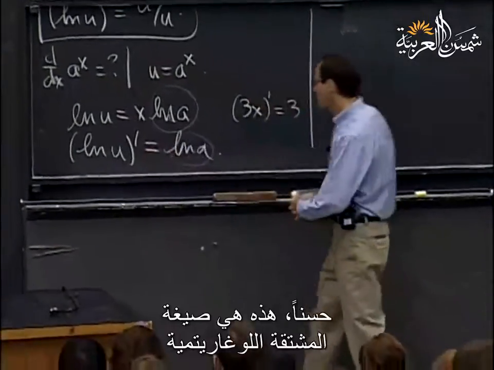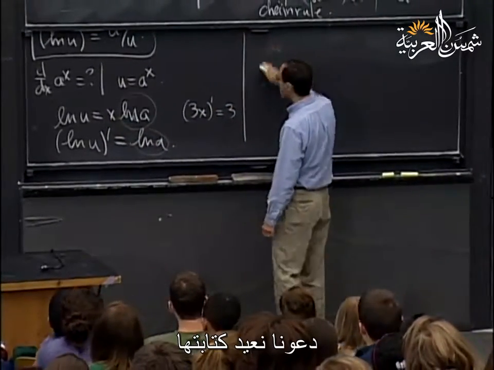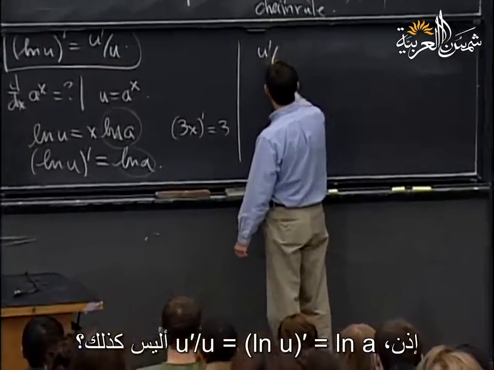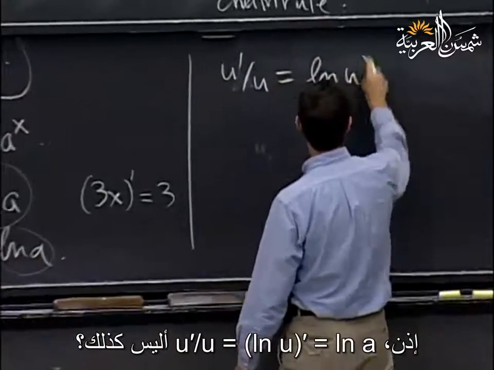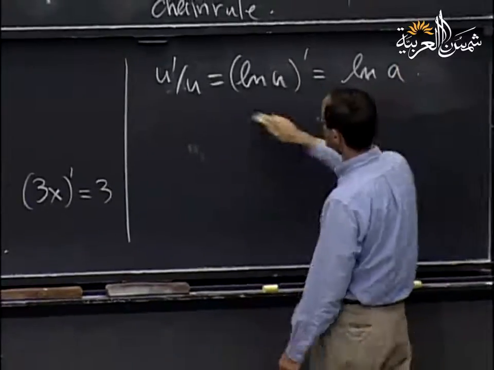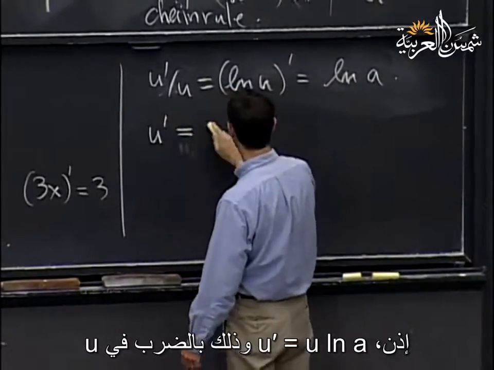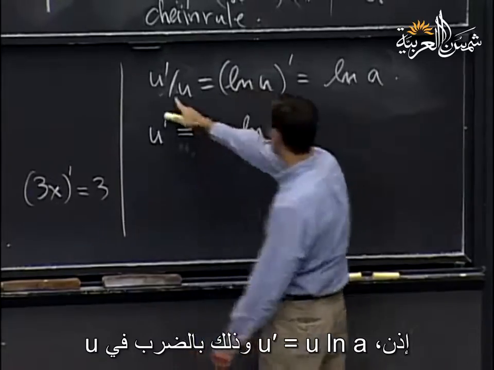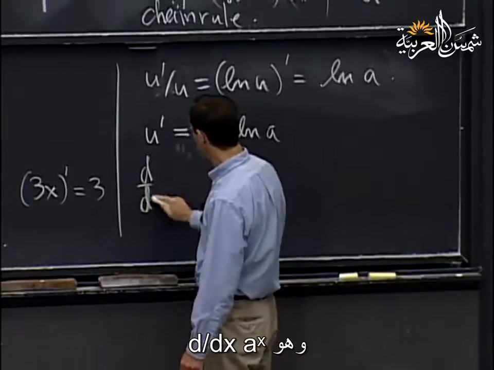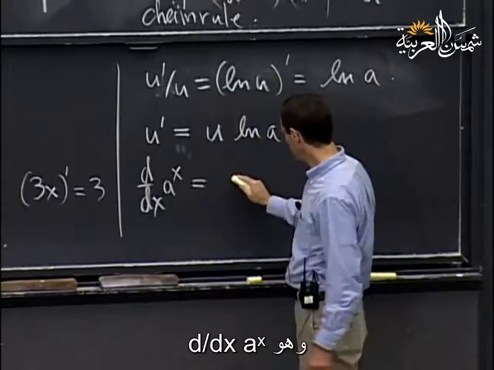All right, so there's our formula that is the derivative of the logarithmic derivative is this. But let's just rewrite that, right? That's the same thing as u prime over u, which is log u prime is equal to log a, right? So this is our differentiation formula. So here we have u prime. U prime is equal to u times log a, if I just multiply through by u. And that's what we wanted. That's d by dx of a to the x is equal to log a.